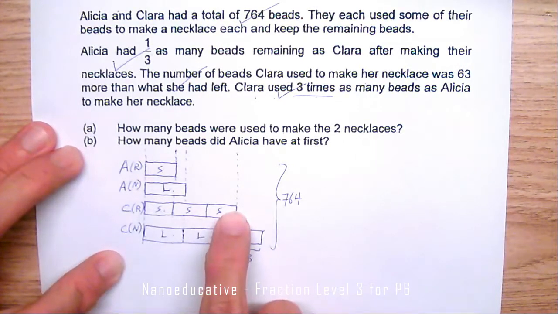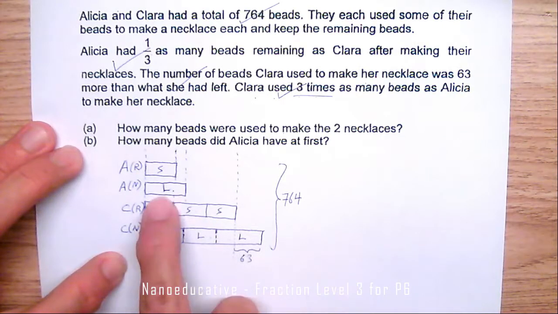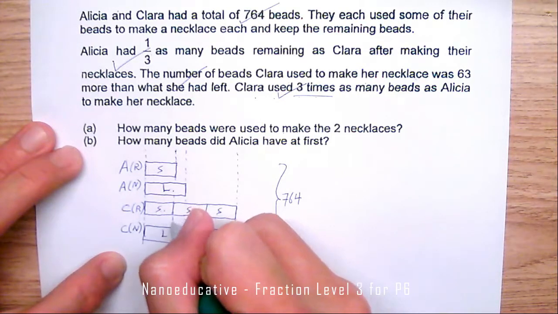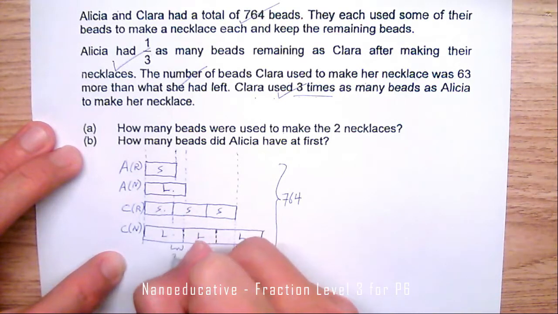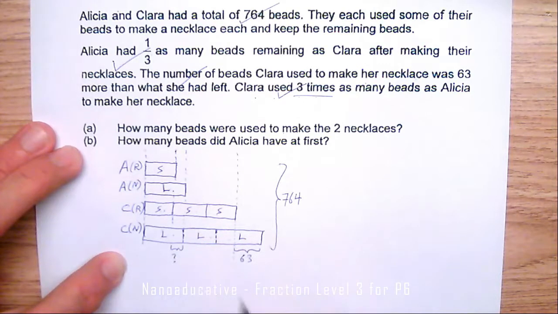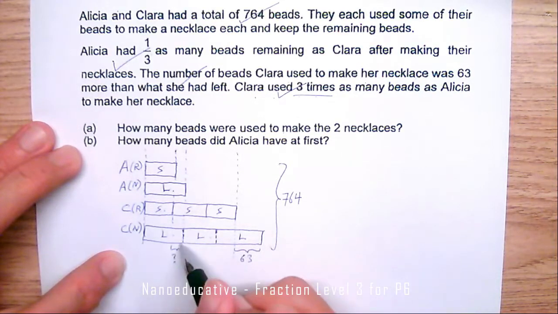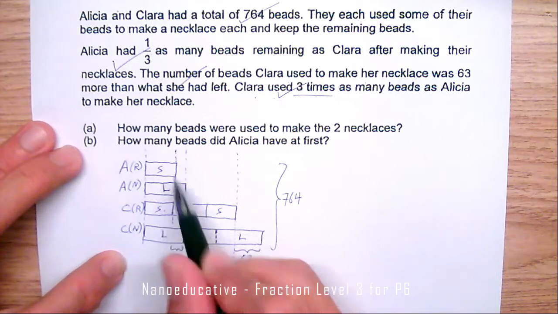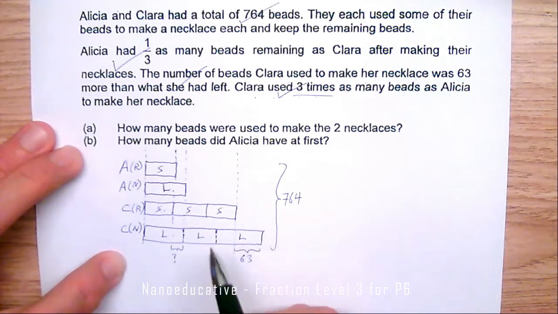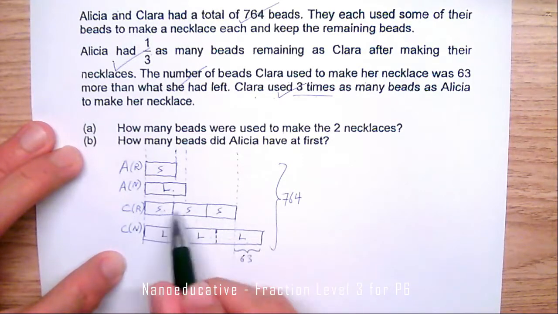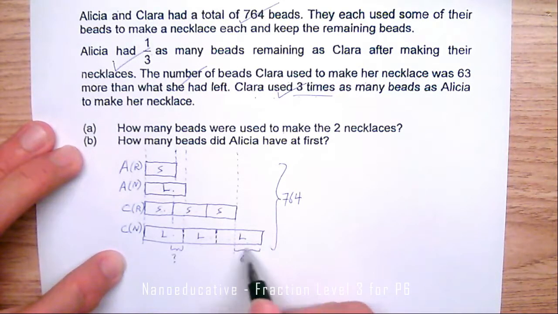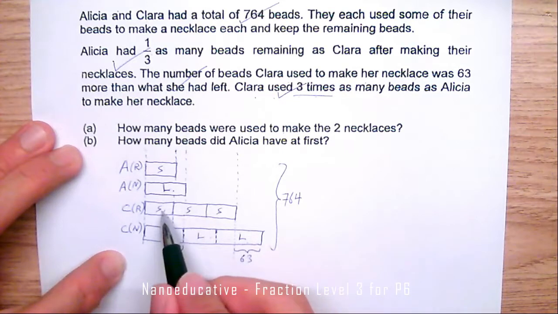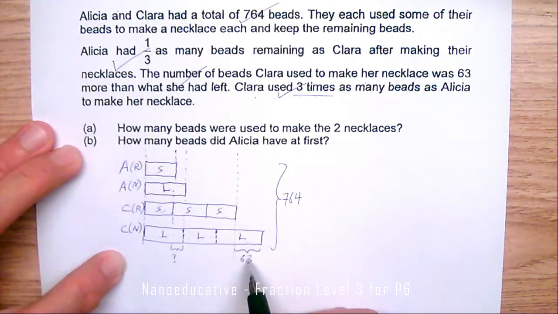Now what I need to do is find the difference between 1L and 1S, because once you can find the difference, you can do a lot of things with it. Since the difference between 3L and 3S is 63, the difference between 1S and 1L should be 63 divided by 3.